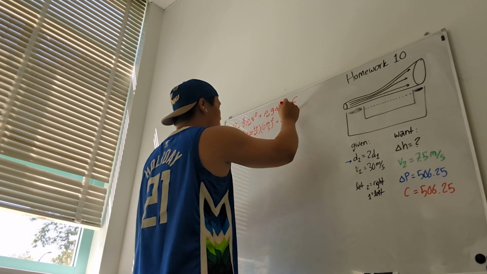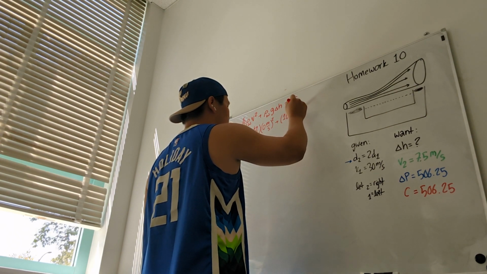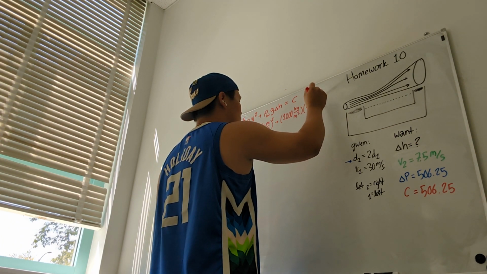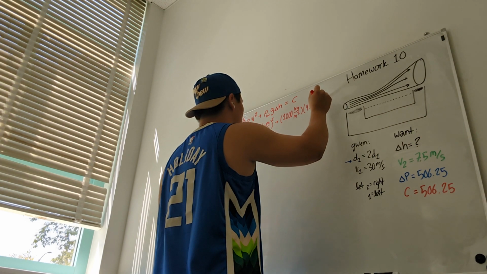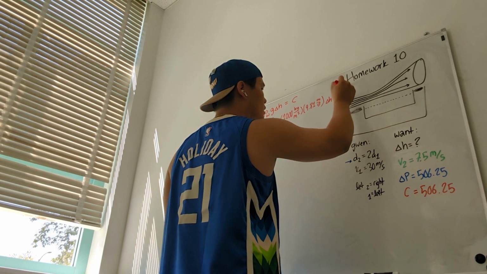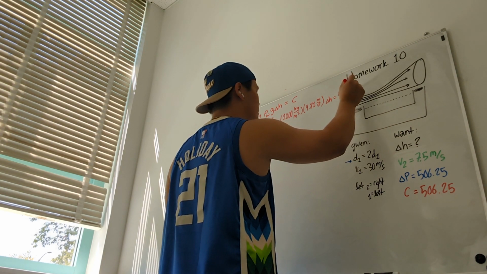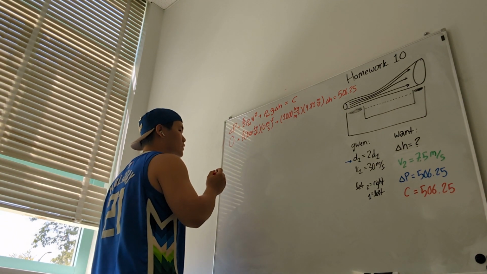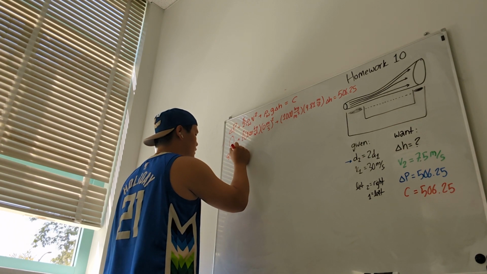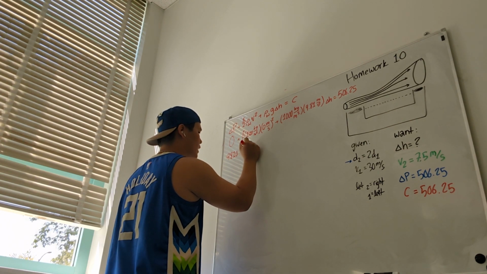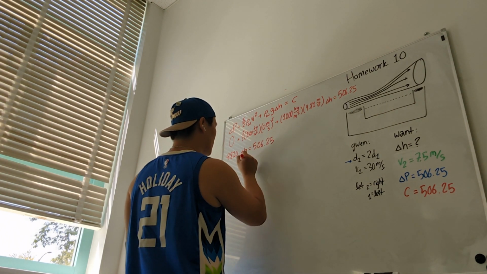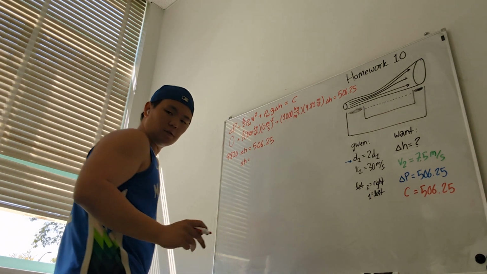Plus 1,000 kilograms per meter cubed, gravity constant, 9.81 meters per second squared, times delta H is equal to the constant, which we calculated to be 506.25. We bring all this down, so we get 9,810 times delta H is equal to 506.25.